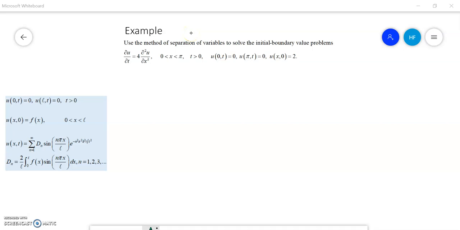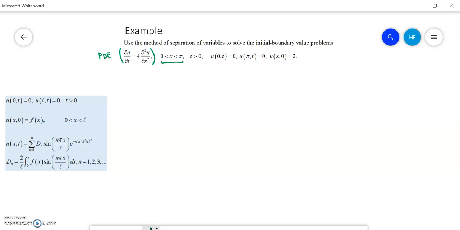Okay, now let us try this example using the method of separation of variables to solve the initial boundary value problem. Given the partial differential equation is this, and the length of x starts from 0 up to pi, and t is greater than 0.